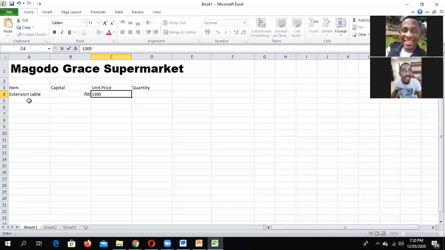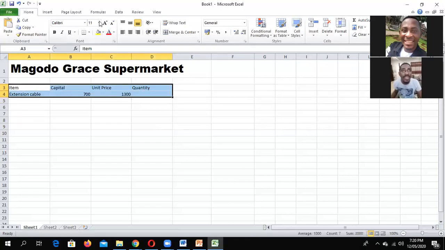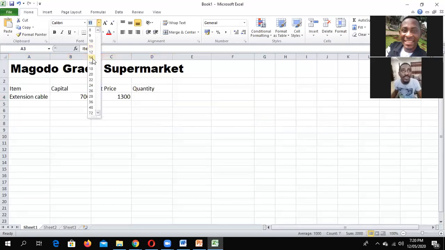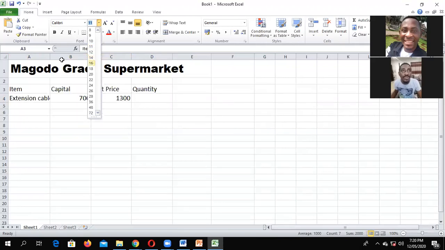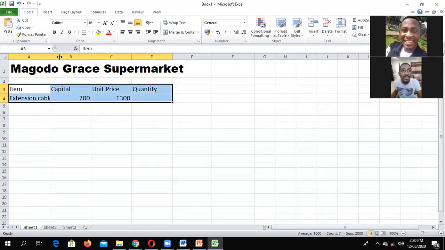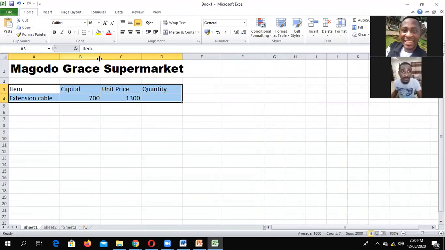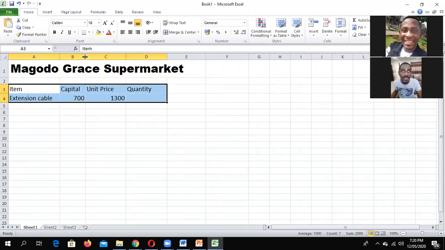Magodo Supermarket purchased. Okay, so I'm going to go ahead to increase this so that you can see better. Okay, so I think I'm okay with this. I'm just going to reduce.